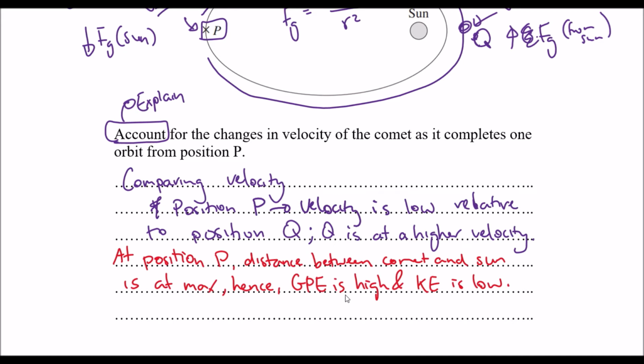And as a consequence of gaining kinetic energy, it is going to move a lot faster. Its velocity is going to increase the closer it gets towards the sun. So as a comet moves closer to the sun, kinetic energy goes up and gravitational potential energy goes down.